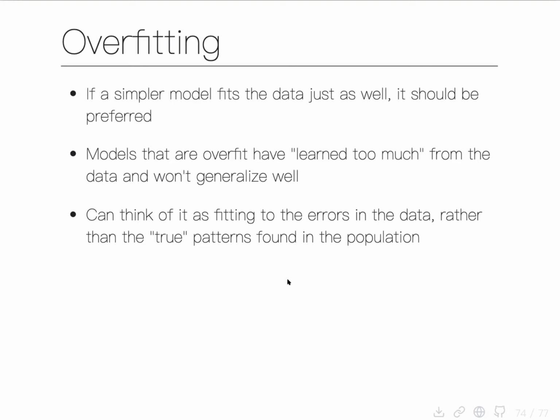One is that the model has learned too much from the data, or equivalently, we're fitting to the errors in the data instead of fitting to the true population differences. Similarly, you can think of it, as I said before, as trying to pull too much information out of your data. Your data just doesn't have enough information. It's like squeezing water out of a rock, basically.